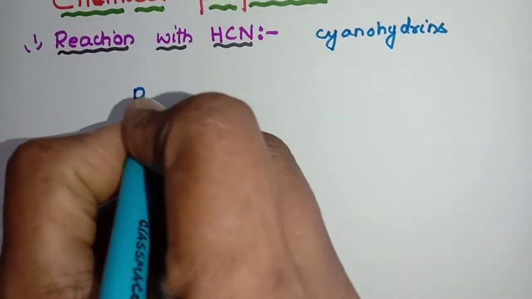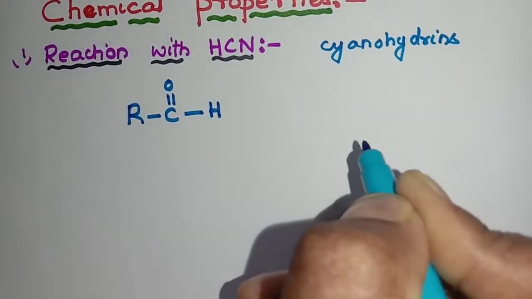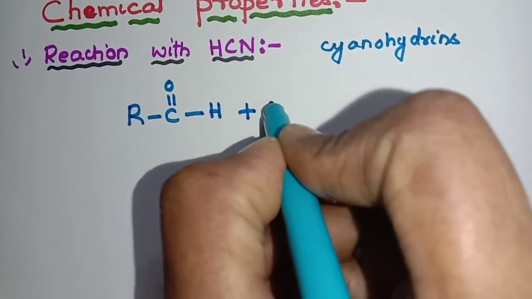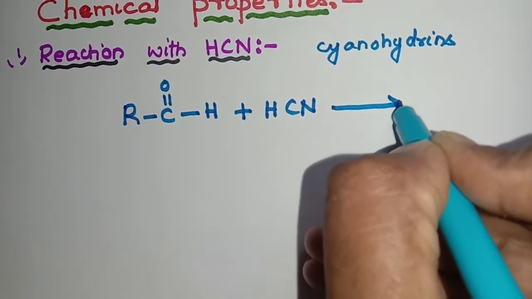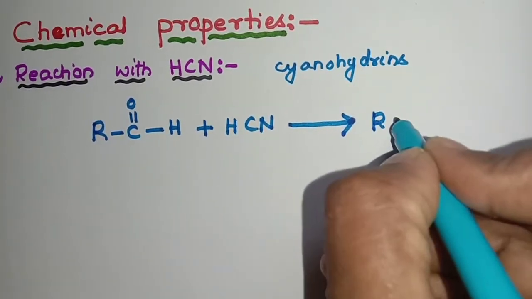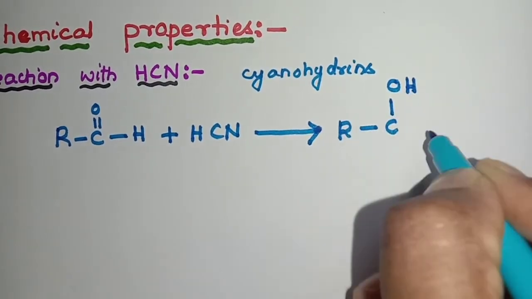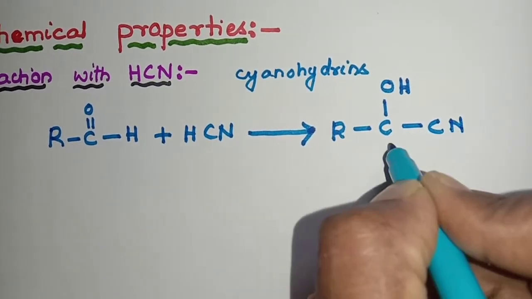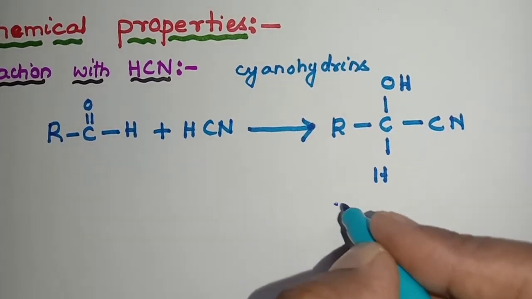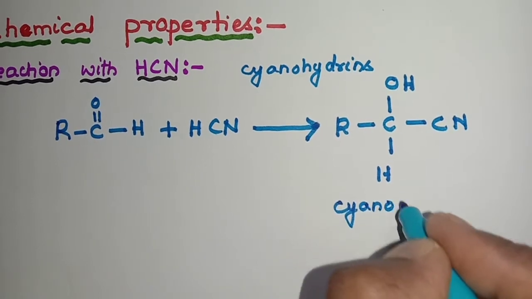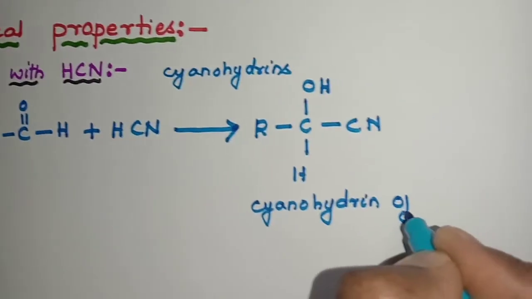R C double bond O H. This is aldehyde. Now it reacts with HCN forming R C OH CN H. Okay, so this is called as cyanohydrin of aldehyde.